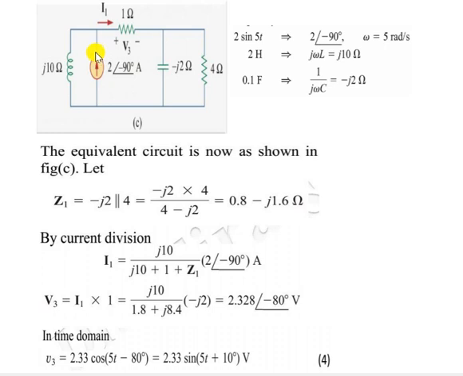That means if you find out current I1, that will be the current flowing through the 1 ohm resistor. So J10 divided by total J10 plus 1 plus Z1, into the total current value. If we solve it, we will get this value, and V3 equal to that I1 into 1. So we got this value.